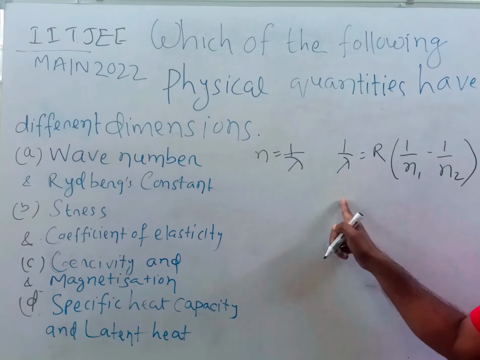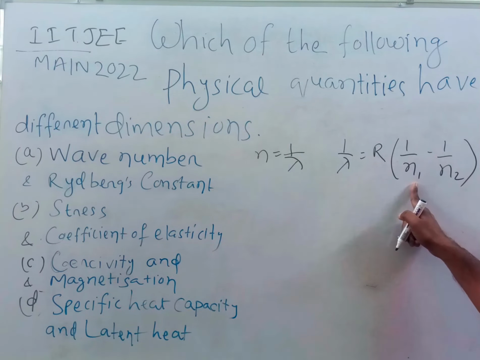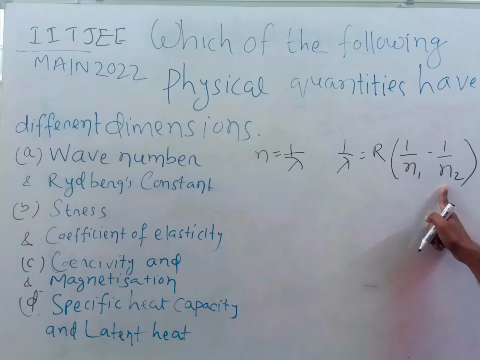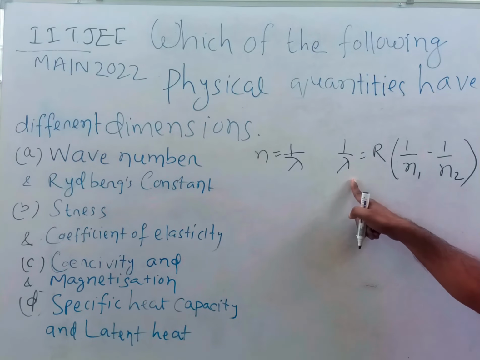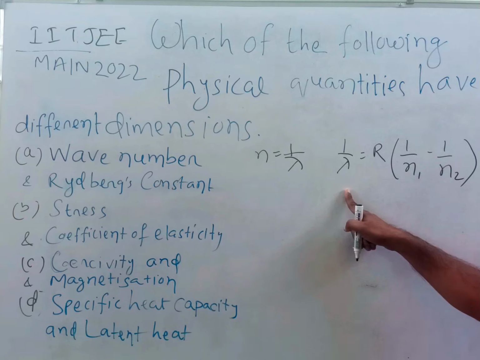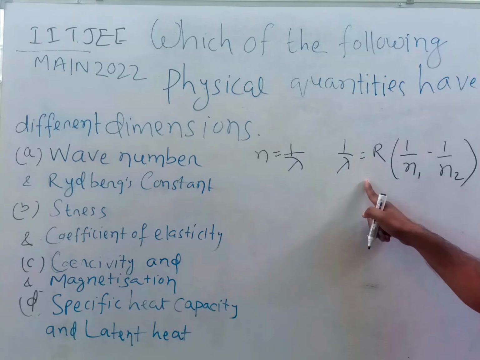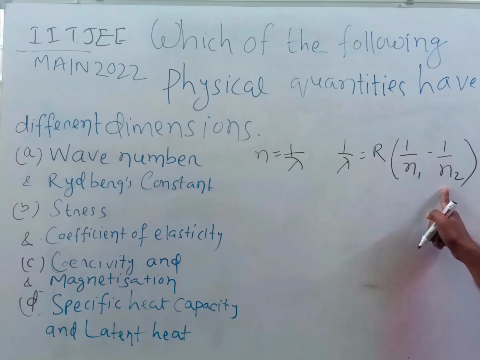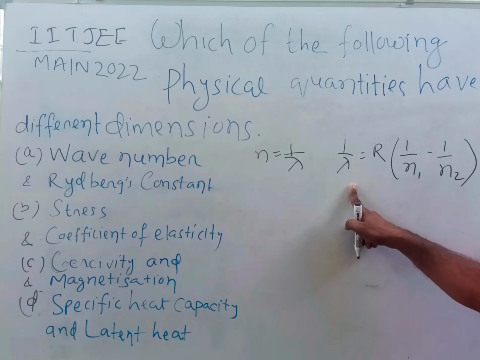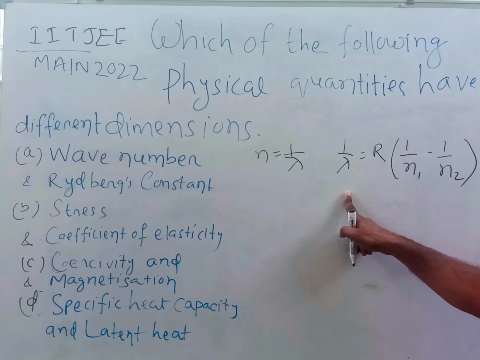When an electron from orbit n1 jumps to the orbit n2, the number of waves per unit length is determined by this relationship. This gives the relation between the orbitals, the jumping of the electron between the orbitals and the wavelength of the radiation emitted.